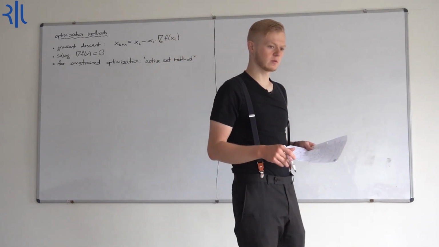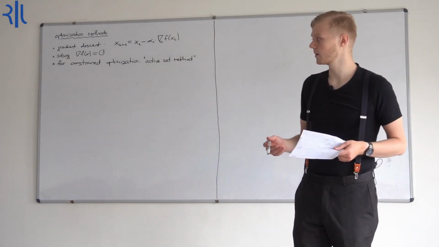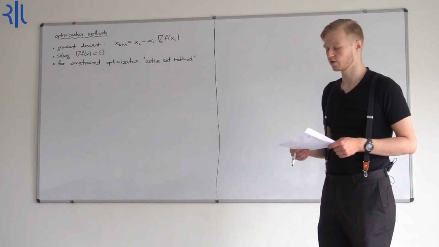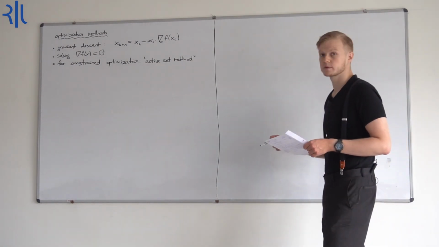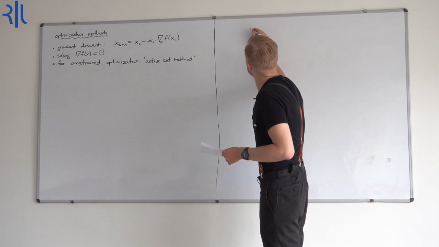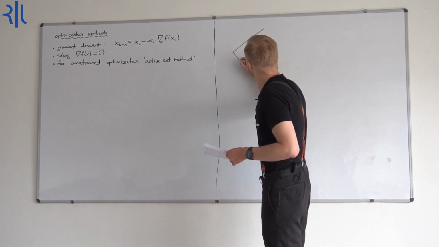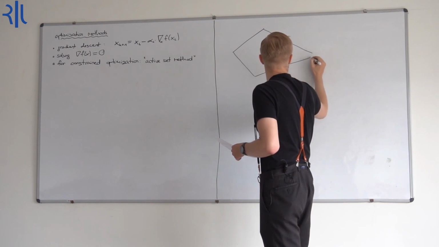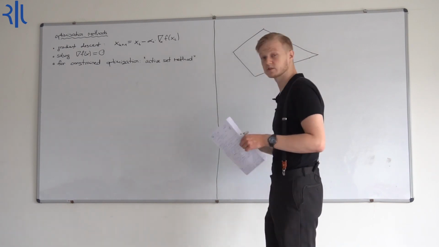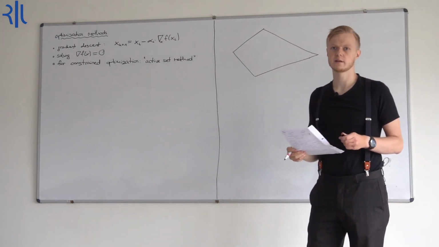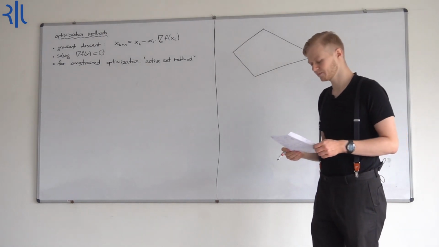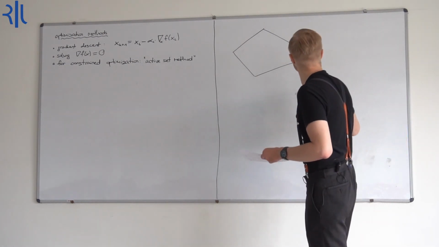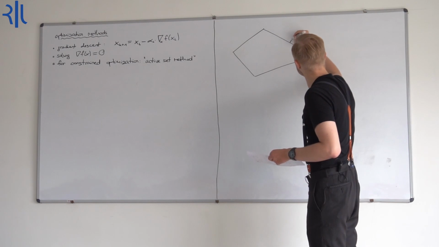So the way to illustrate this is by going back to our case for linear optimization. We assume that we will have some linear inequalities as constraints. And I will draw in the gradients.